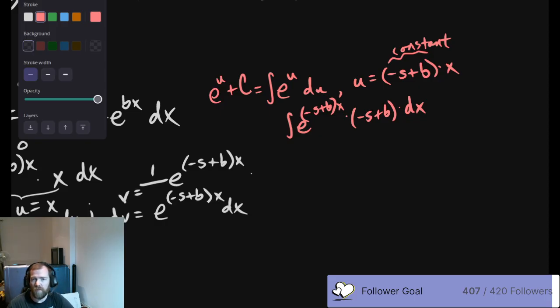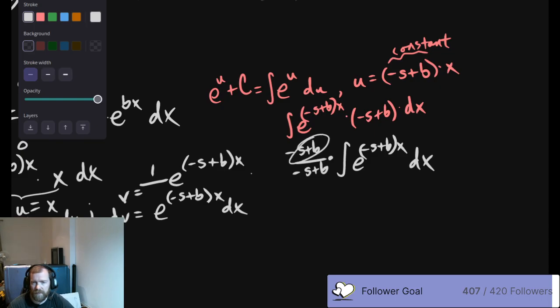So what I usually tell students to do is to say, okay, we have, in this case, the integral of e to the negative (s plus b) x dx, and we need that constant. So make it negative (s plus b) over negative (s plus b).